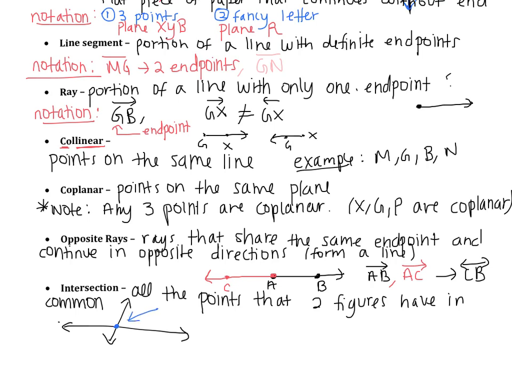So that point would be the intersection. For another example, if I'm talking about this line and this segment, they overlap at the segment. So the segment would be the intersection.